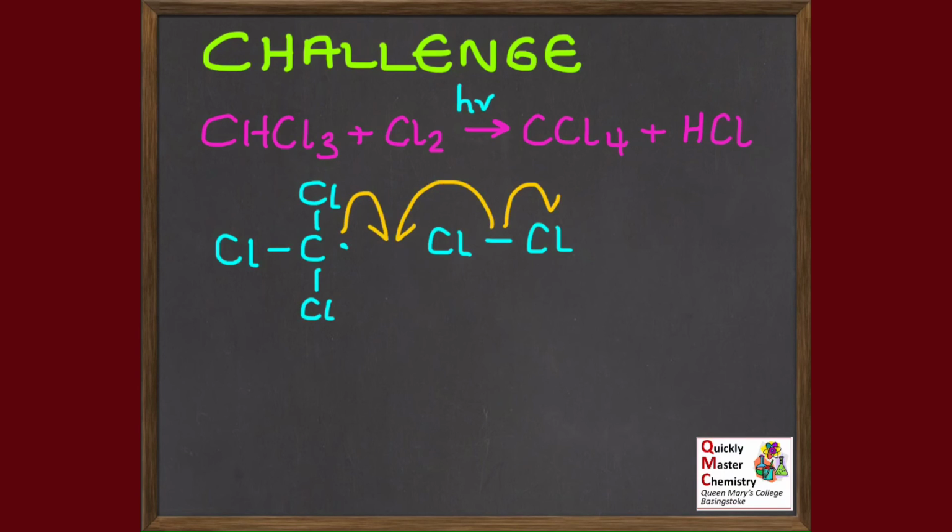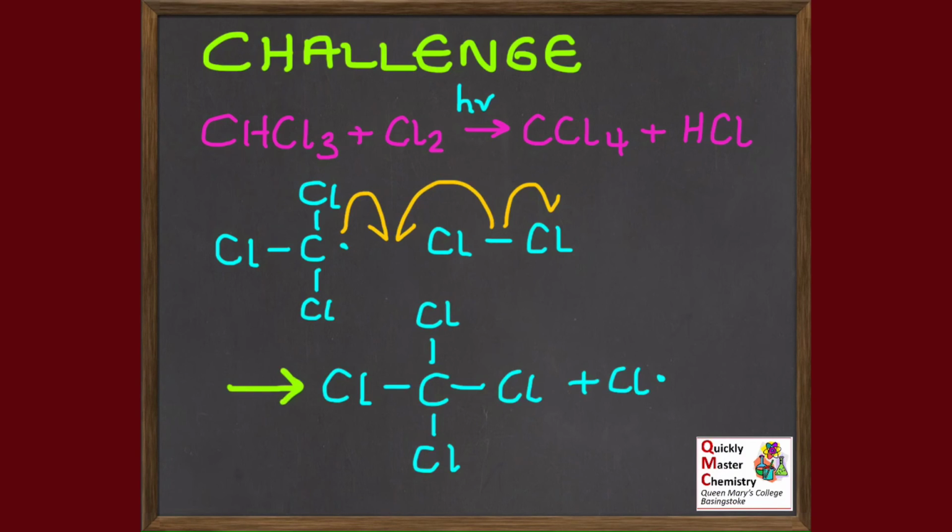So we can have another typical propagation step where that CCl3 radical grabs a chlorine from the Cl2, and that now takes us to our CCl4 and a chlorine radical, which of course can then take part in the previous step again, and this can go on over and over and over.